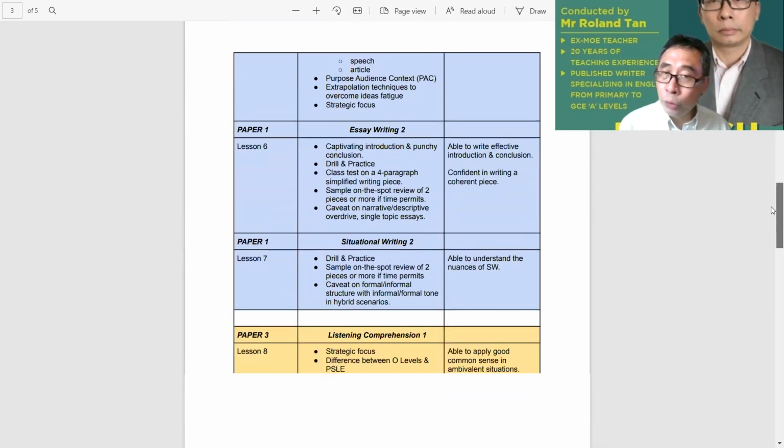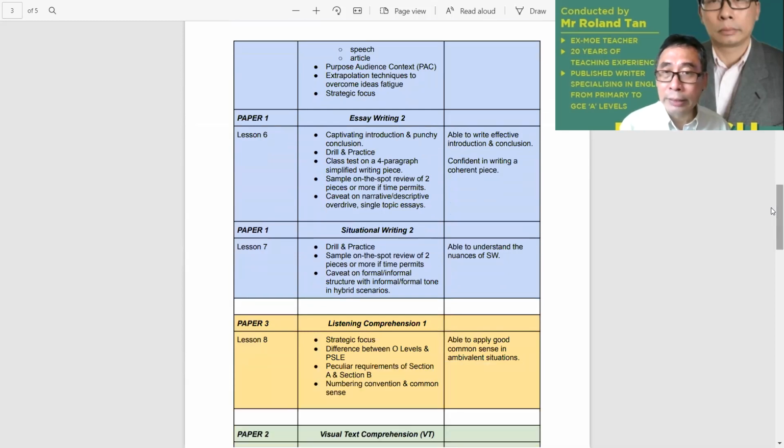Okay, we move on to essay writing 2 in lesson 6, right? So lesson 6, I will be zooming in on introduction and conclusion, which are by far the 2 most important paragraphs in a piece of essay. Introduction must be captivating and conclusion must leave a very good aftertaste effect for the marker.